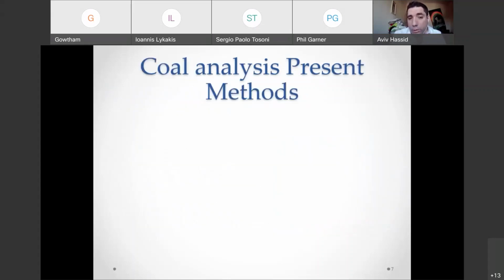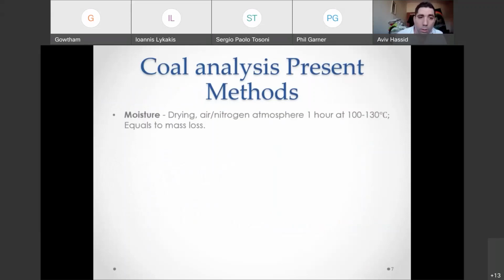I mentioned earlier the coal analysis methods, but what are the present methods used today? Well, first of all, for moisture, we dry the coal under air or nitrogen atmosphere for 1 hour at 100 to 130 degrees.